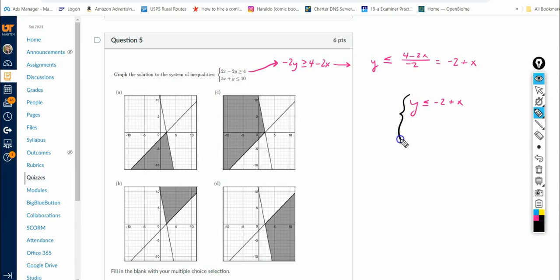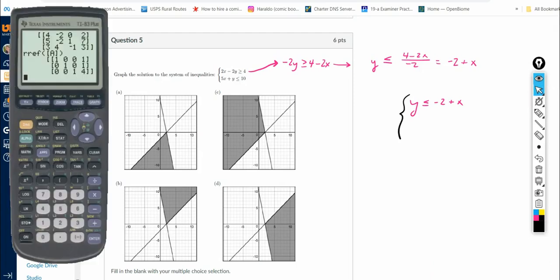So the first line, I want it to be on and under. And let's have a look at what that line looks like and the region that we'll get. Let's come here and let's put -2 plus x.